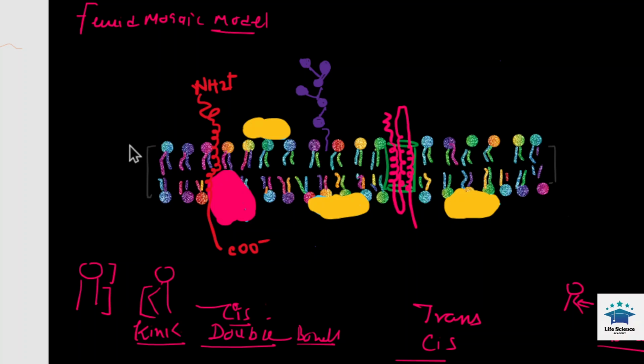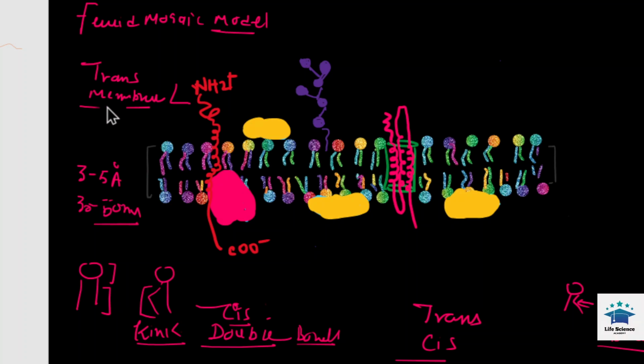If you're talking about the thickness of the plasma membrane, it is 3 to 5 nanometers in thickness. What is this region? This is the transmembrane protein, which spans the lipid bilayer.